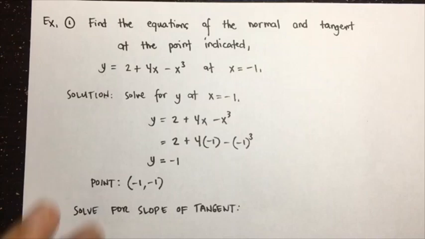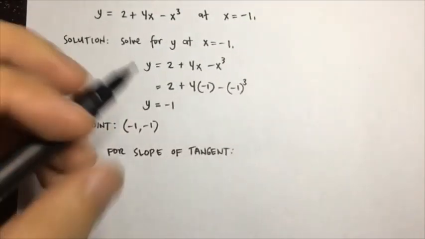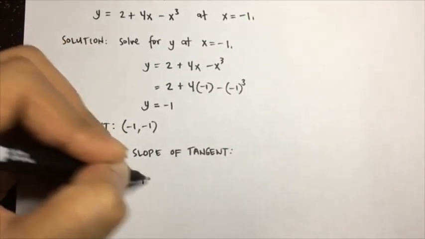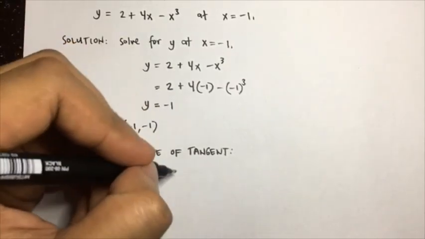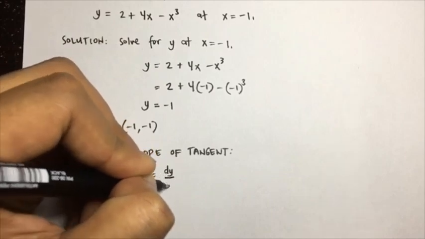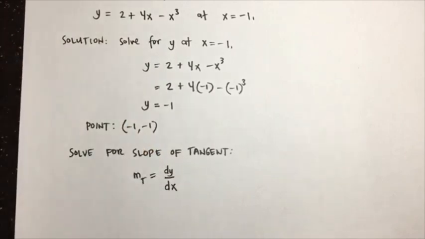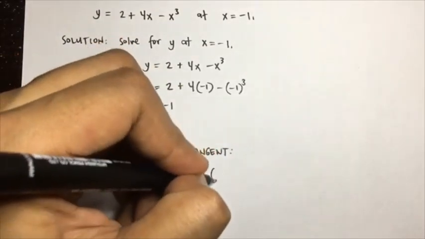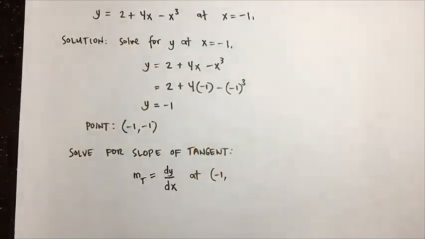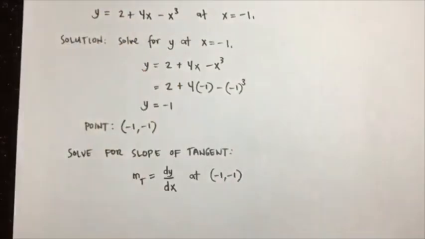So the slope of the tangent is equal to the derivative, that means dy over dx, at the described point, so at x is equal to negative 1 and y is equal to negative 1.